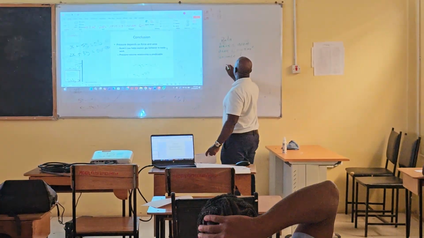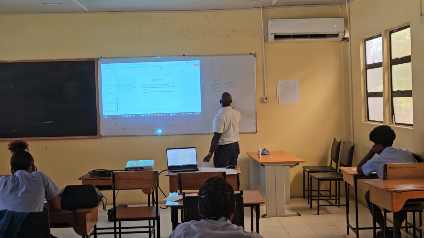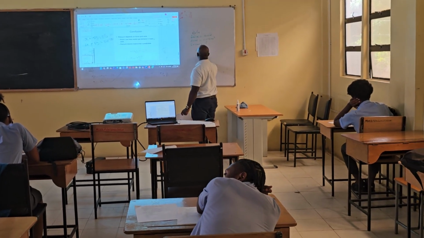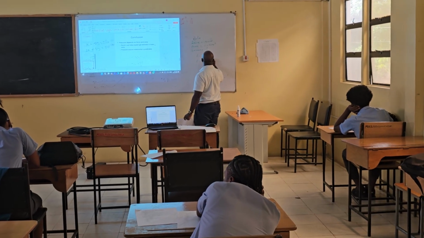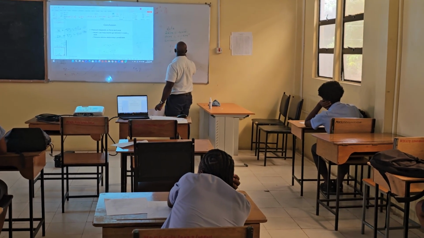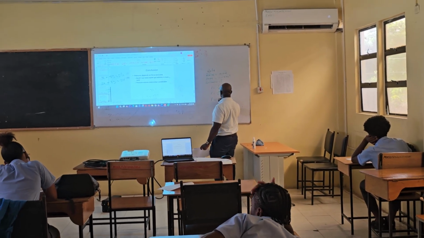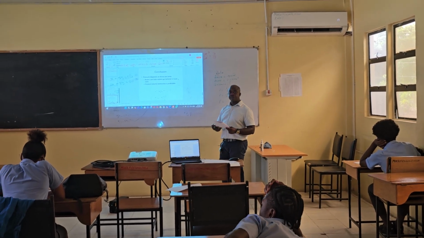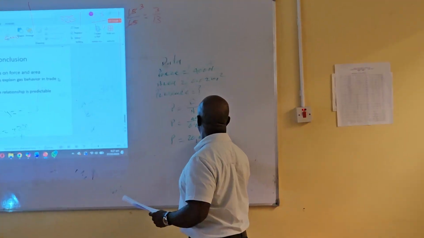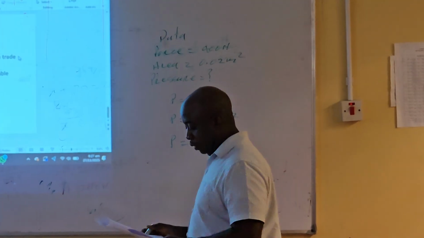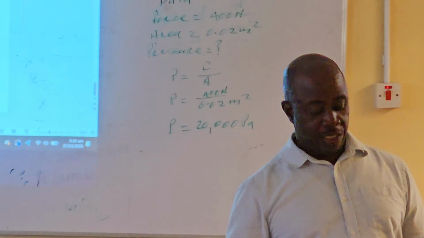We say pressure is equal to force over area. So pressure is 400 Newton over 0.02 meters squared. And what do you get when you calculate? 20,000 Pascal. See how easy that is?